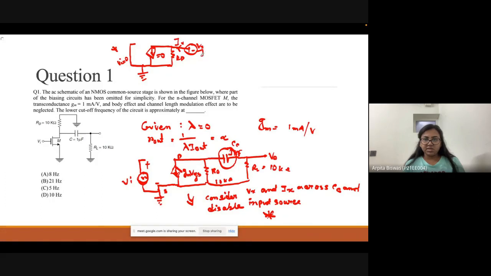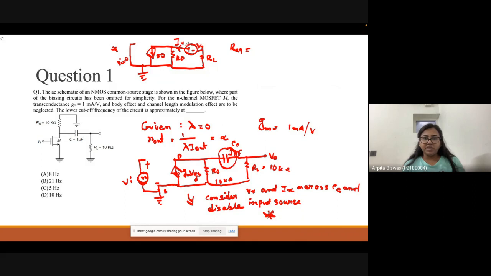Okay, and this is also connected with the RL. So now can you calculate the equivalent resistor from here? Tell me what is the value of the equivalent resistor here? Here gm Vgs is zero, so it is an open circuit, and the other is a short circuit.